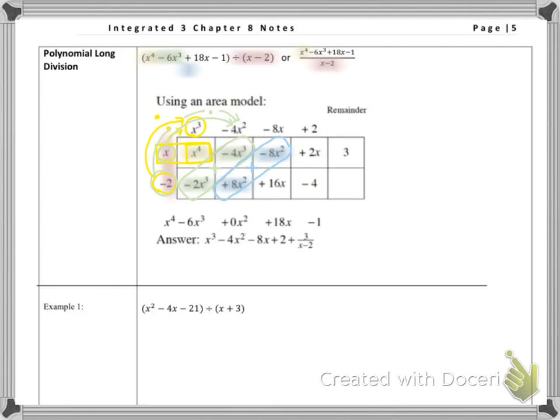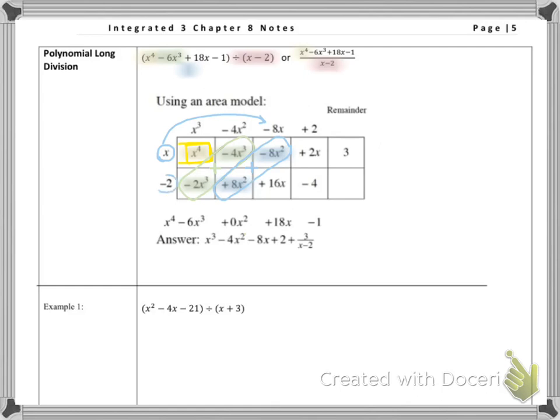And then we continue the process with the multiplication on the outside. So I'm going to get rid of my arrows here, so it's getting a little messy on the side. And we do the exact same process. So I'm going to take x times something, well, the something is negative 8x, to get the negative 8x squared inside the box.